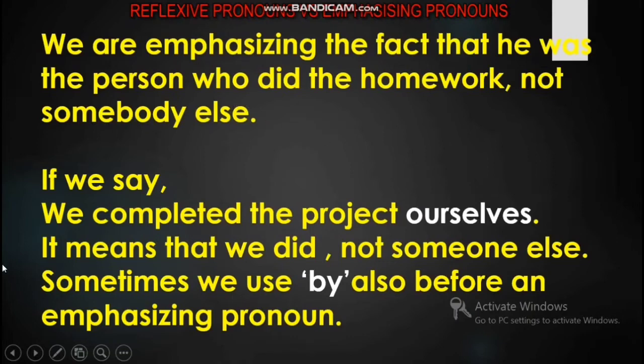So in that case, himself is an emphasizing pronoun and not a reflexive pronoun. If we say we completed the project ourselves, here ourselves is an emphasizing pronoun. It means that we did the work ourselves and not someone else. Sometimes before an emphasizing pronoun, we may also use the preposition by.